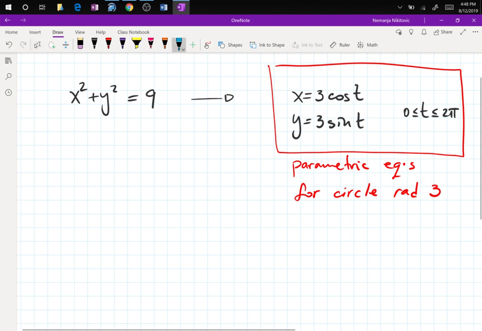Once you have a set of parametric equations, you can combine them together to get the type of equation that you are used to.